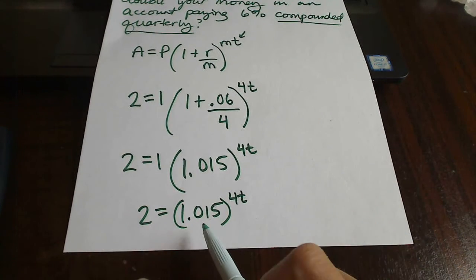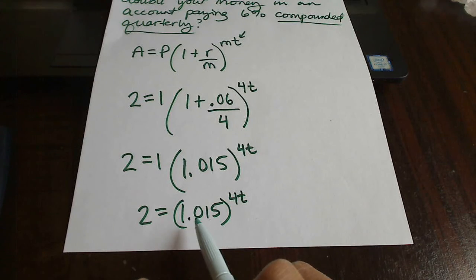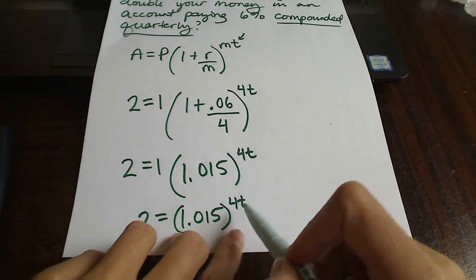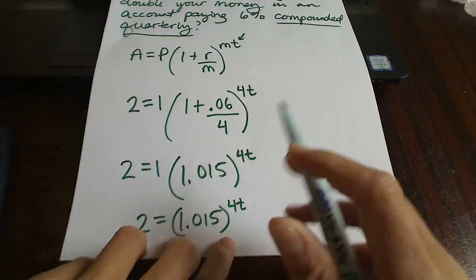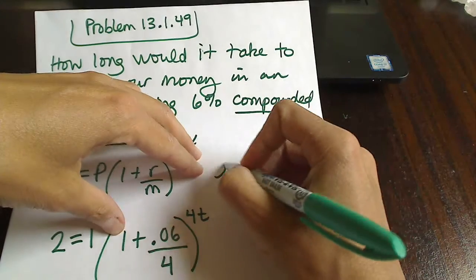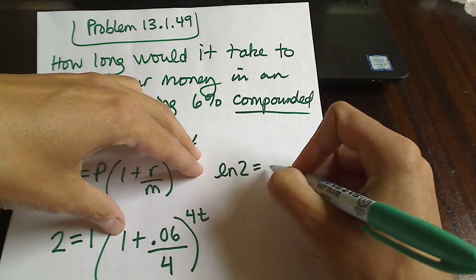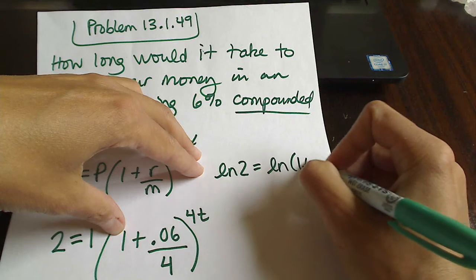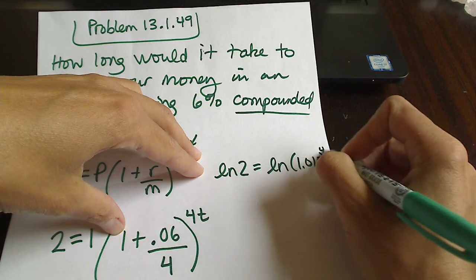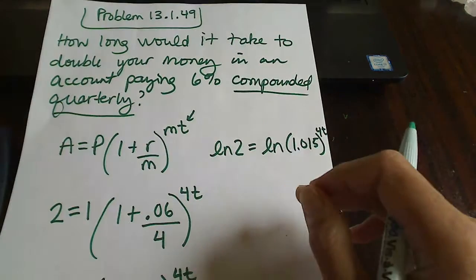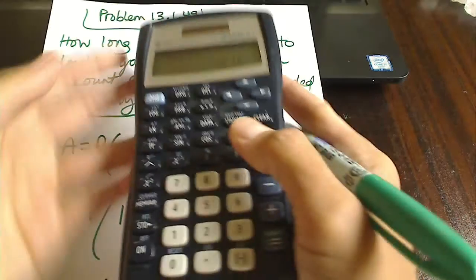Okay, so now we're going to take a logarithm of both sides. The whole point of doing that is so that we can bring this exponent down out front. I'm actually going to use a natural log, and you have a button on your calculator that refers to this.